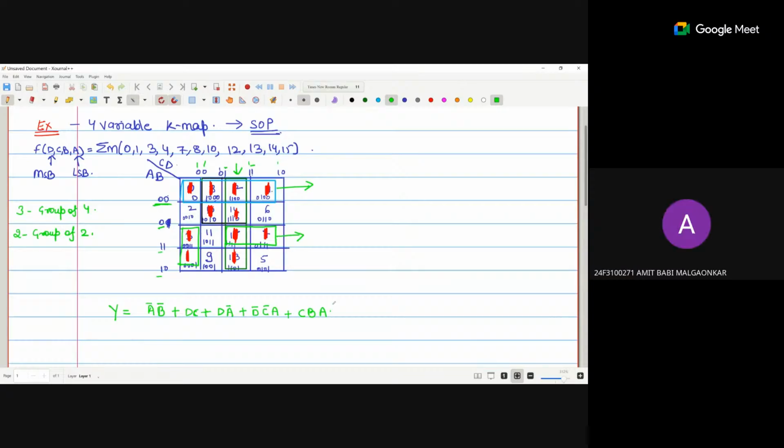Sir, can we also write it on the top where we have written A, B, C, D? Yeah, you can write that one. You can write D, C, B, A, and then do it. Yeah, we can create in this form also.